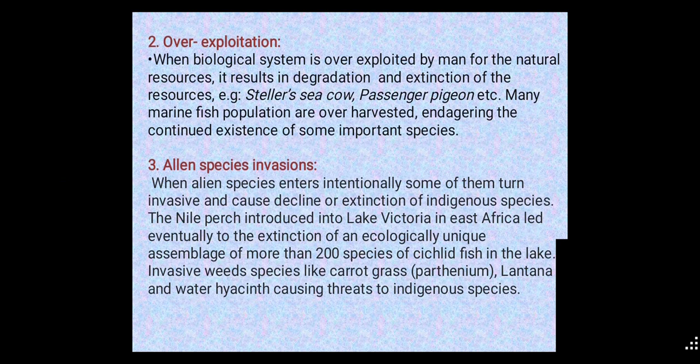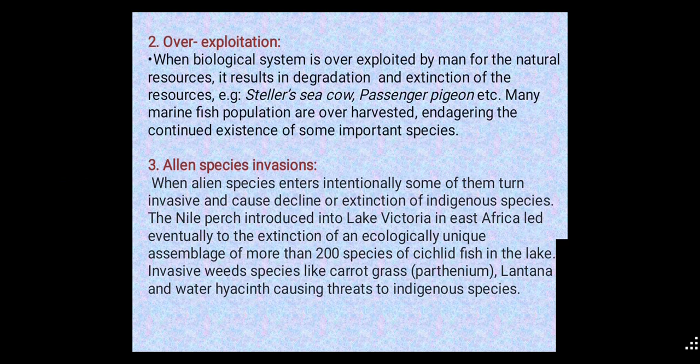Next, alien species invasions. When alien species are introduced, some of them turn invasive and cause decline or extinction of indigenous species. The Nile perch, introduced into Lake Victoria in East Africa, led eventually to the extinction of an ecologically unique assemblage of more than 200 species of cichlid fish in the lake.